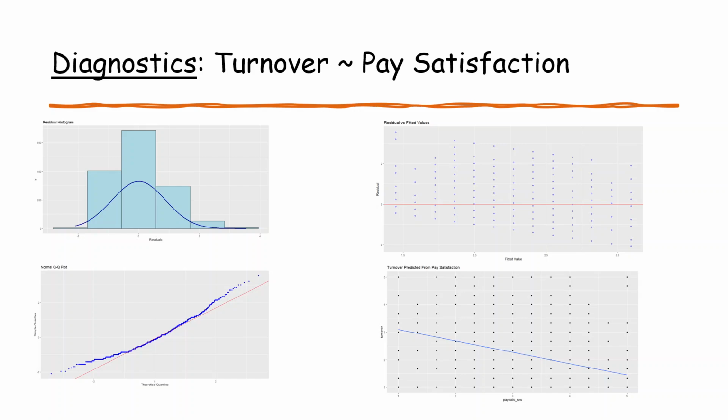There's some situations where if your assumptions are clearly not met, then it's pretty clear that you need to look at something else, right? But in this instance, this is kind of borderline, and I would say that we are probably fine to interpret our regression results in our significance tests of our slopes. So this is how you look at these residual diagnostics to get some information about whether your model assumptions are met.